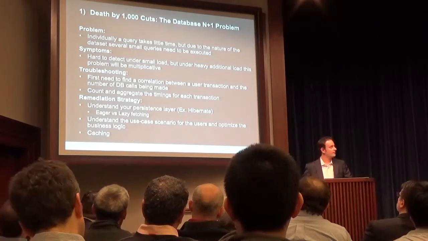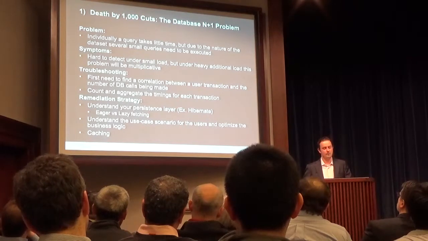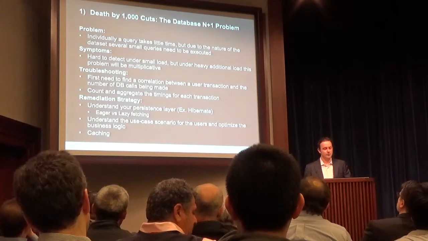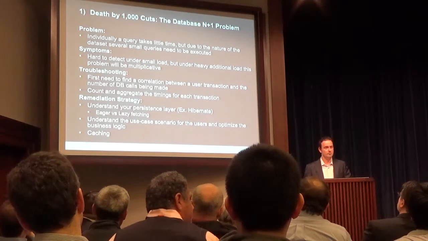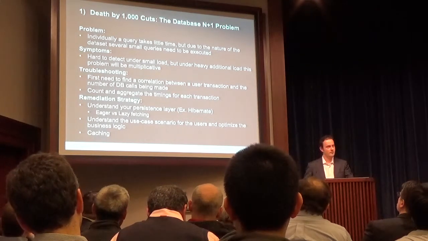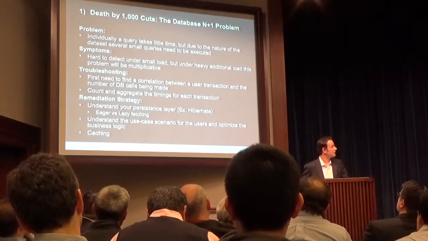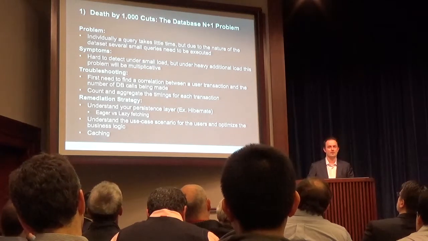It typically requires a situation where there's high load and stress testing, or sometimes a production environment when the user does something weird. The way that you can troubleshoot that is you do have to find a correlation between a particular user interaction, what they were doing, and the number of calls that that particular transaction is executing. You can do it in various different ways, but ultimately you do have to count and aggregate the timings of each one of these transactions.